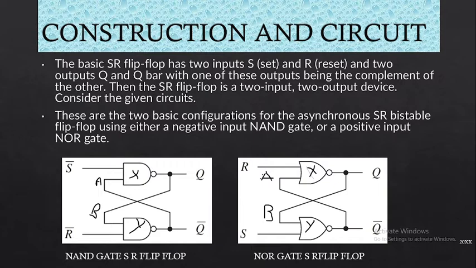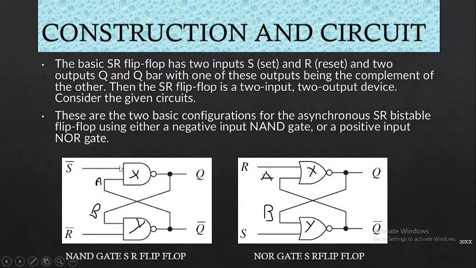These are the two basic configurations for the asynchronous SR bistable flip-flop using either a negative input NAND gate or a positive input NOR gate. So as we talked about earlier, we can create a flip-flop by using NAND gates also and NOR gates also. So we either need a negative input NAND gate or a positive input NOR gate to create an SR flip-flop.